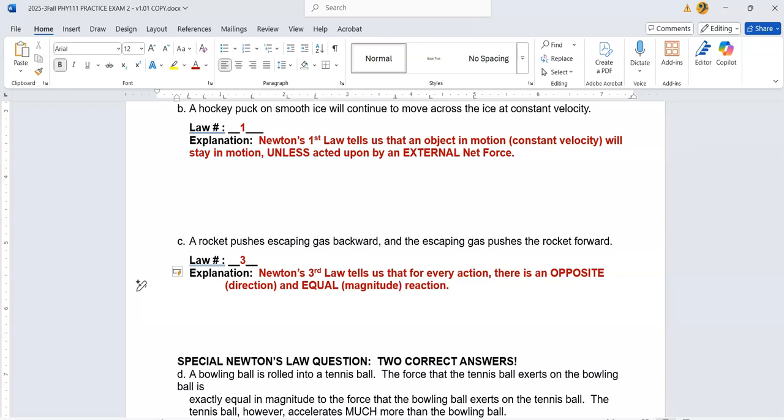And in this case, the rocket acts on the gas, and the gas acts on the rocket.